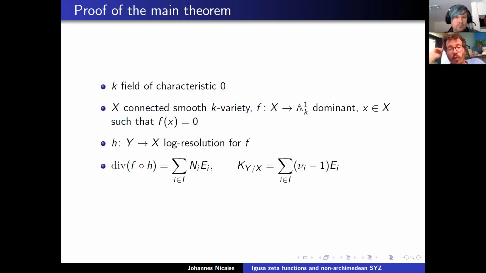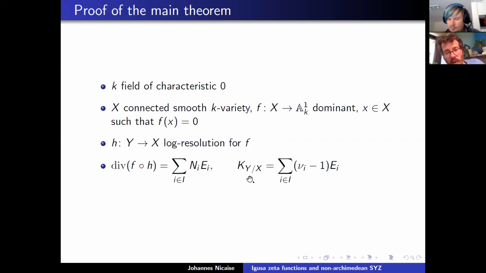And just like before, we can attach numerical data to this resolution in the following way. We take the pullback of the divisor of F through the resolution h, which we write as a sum over i in some index set I of irreducible components E_i, and each of them comes with a multiplicity N_i. So this is the order of vanishing of F along the component E_i.